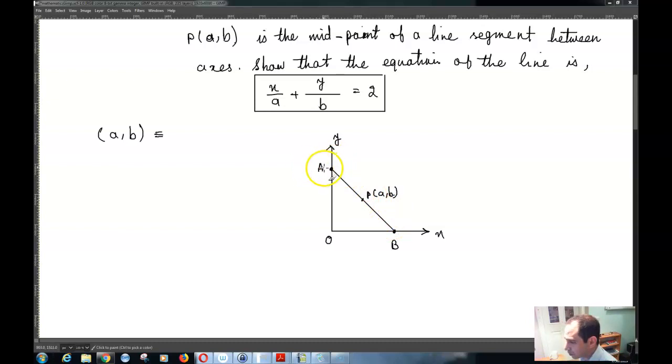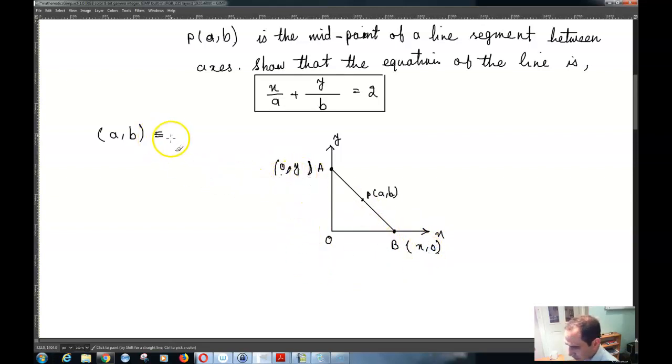For example, you could say that the coordinates of this point are 0 comma y, and the coordinates of this point are x comma 0.